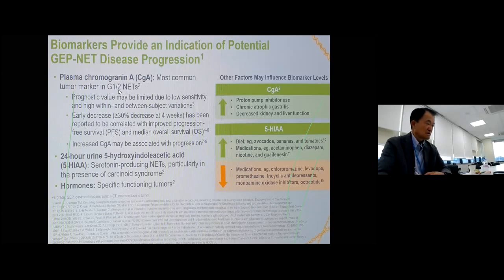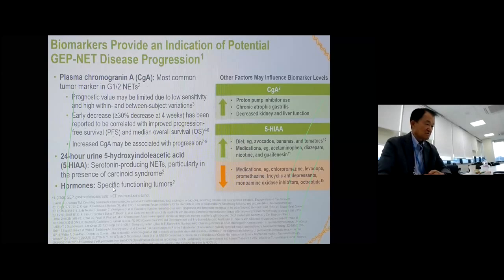But when it is increasing, certainly. Other factors also influence it, so nothing is completely reliable. You have to consider gastritis, kidney disease, liver disease, etc., and certainly diet and a lot of medications. Some medications elevate it, some decrease it.